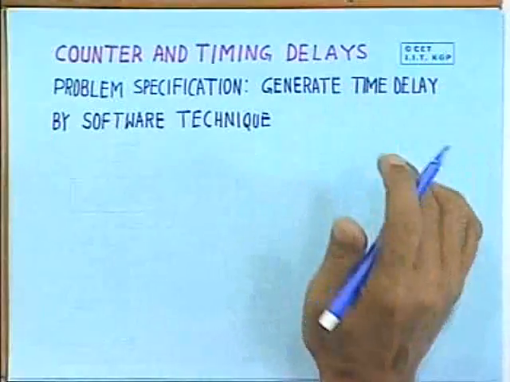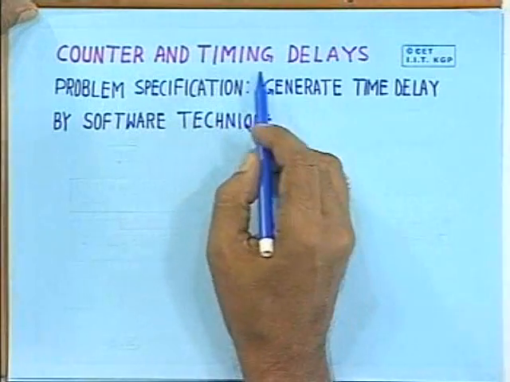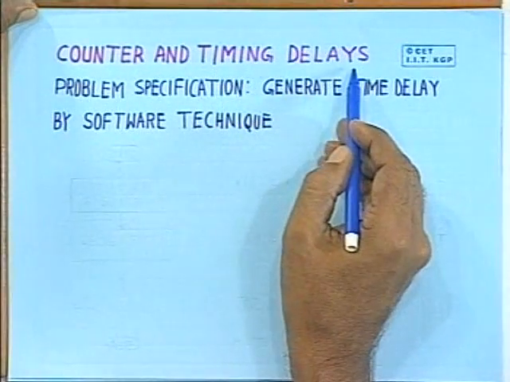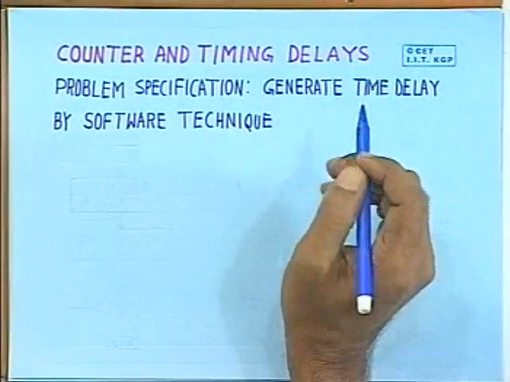Now program loops have some other important applications, particularly for implementing counters and timing delays. We know that a delay can be generated by using some timer. You may have studied the 555 timer chip, with the help of which you can generate delay.